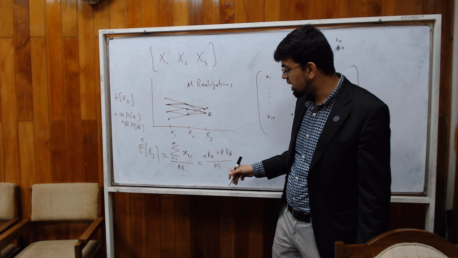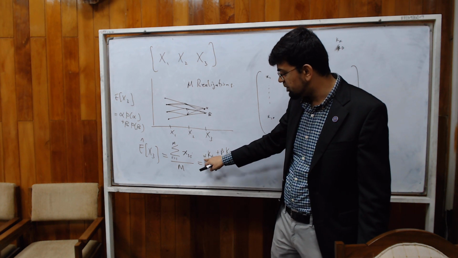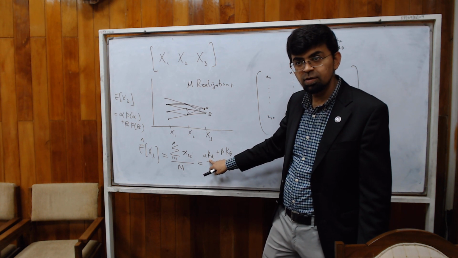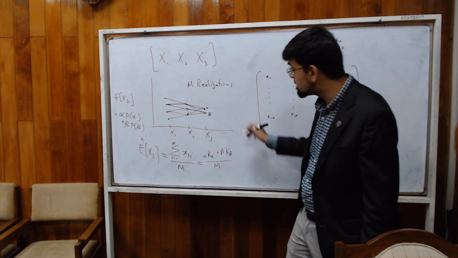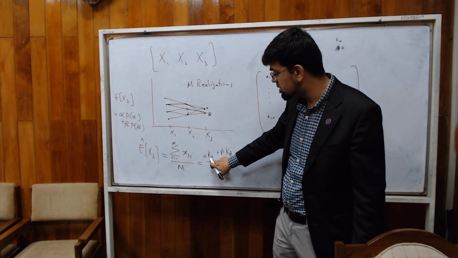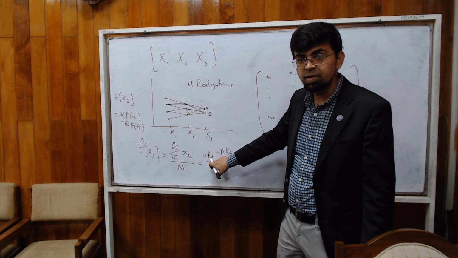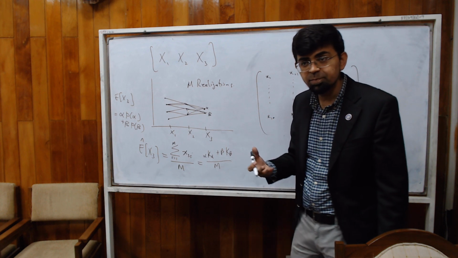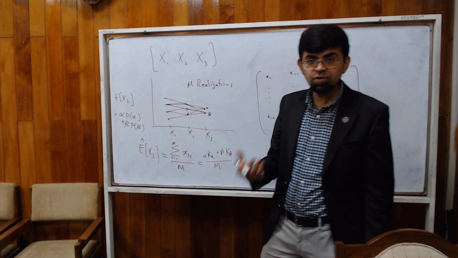What is the relative likelihood of alpha showing up? Let's say if M is 1000 and k alpha is 500, then 500 by 1000 is half. 50% of the time alpha was showing.